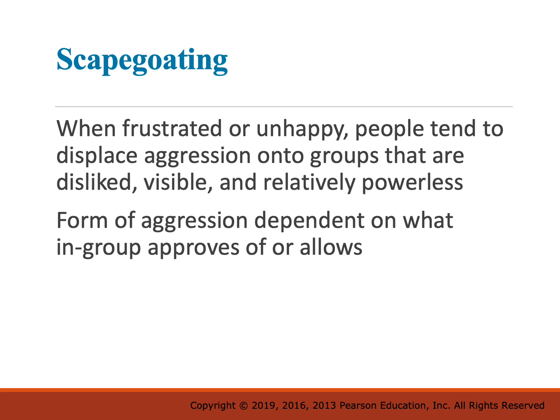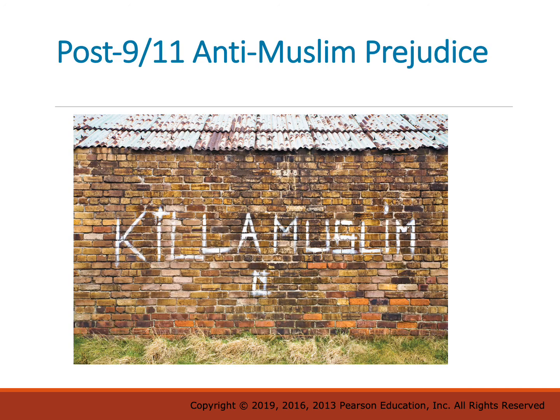But for example, post 9/11 anti-Muslim prejudice, you saw this a lot, and this was scapegoating Muslims because of the whole theory that Muslims in general were all evil and bad, right? So this was scapegoating Muslims.